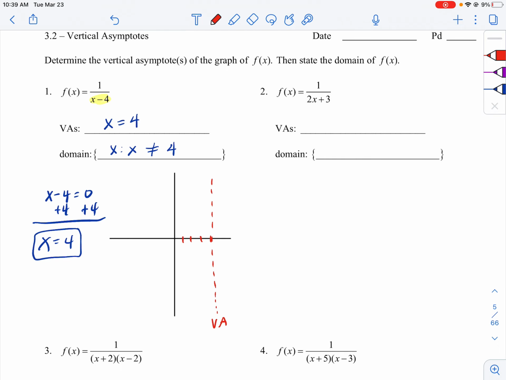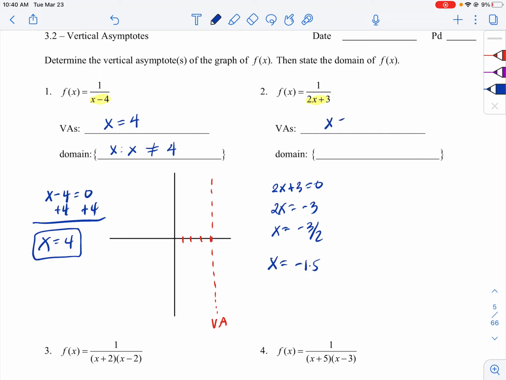Moving on, for number 2, I am going to start with looking at the denominator and making the denominator equal to 0. So 2x plus 3 equals 0. 2x equals negative 3. X is equal to negative 3 over 2, or maybe I can use x is equal to 1.5 or 1 and 1/2. That doesn't matter.